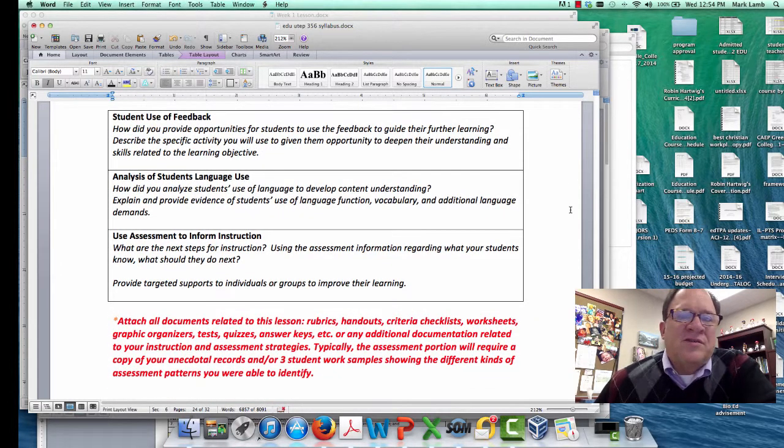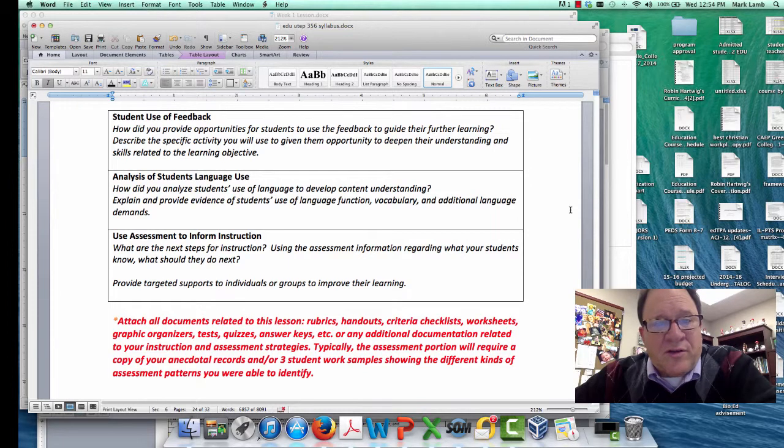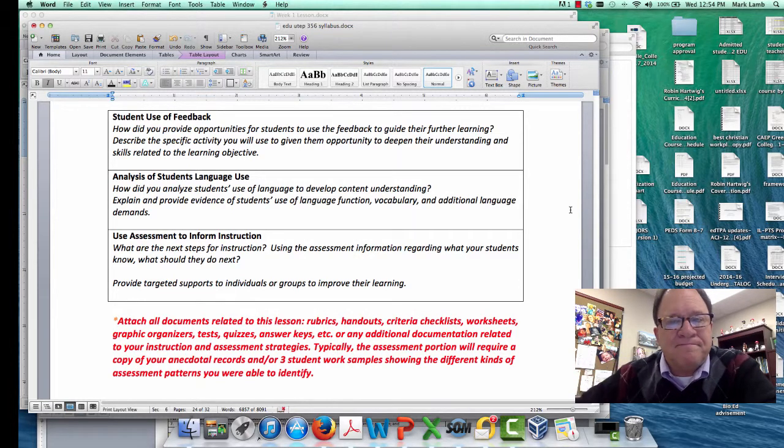Again, you're going to address each of the prompts in the section that you choose to do, and you're going to include any rubrics, handouts, checklists, worksheets, answer keys, everything that you use, you'll include in your submission.